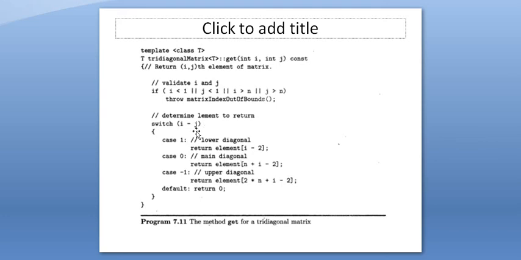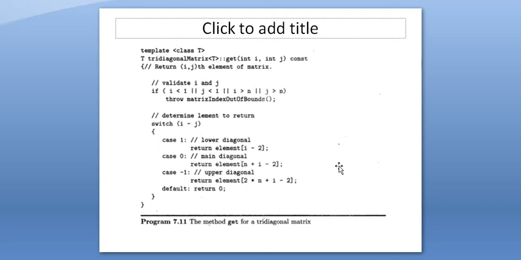You use case of -1, so you return element of 2 times n, so 2 times 4 plus i, which is 2, minus 2. So it is 8. Position 8, when you check, the answer is 3, and that's correct.